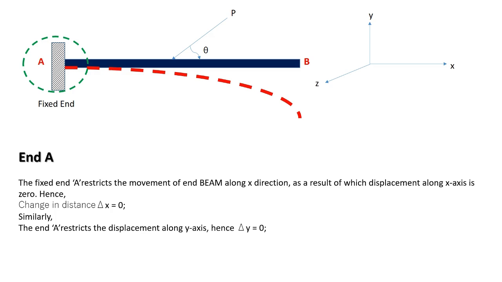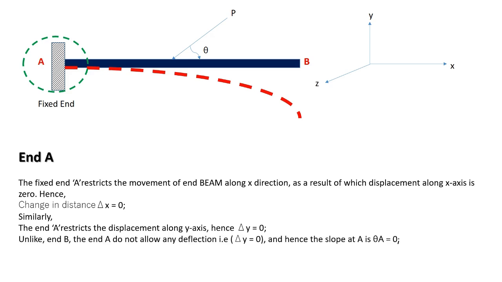Now, unlike end B, there is no deflection happening at A. This means the slope at A, theta, is also 0. Since there is no displacement along X, Y, or any rotation about Z, the rotational movement is also restrained. So, at end A, the horizontal, vertical, and rotational movements are completely restricted by the fixed support.